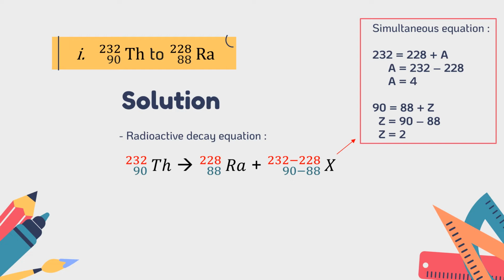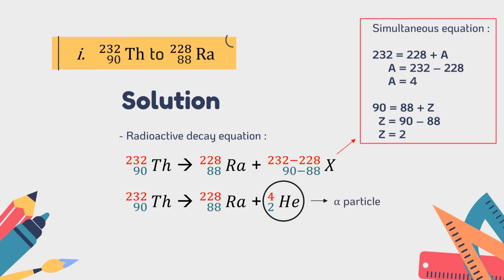Since we have obtained the nucleon number and the proton number, now let us substitute these numbers into the decay equation. So thorium-232 will decay into radium-228 plus helium-4.